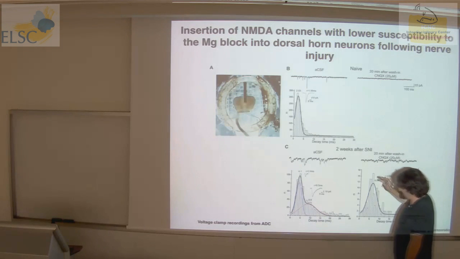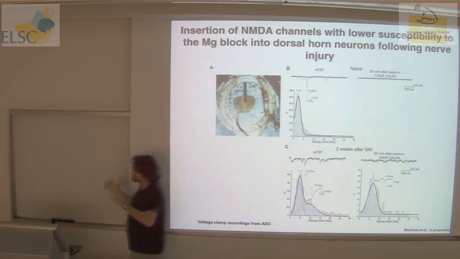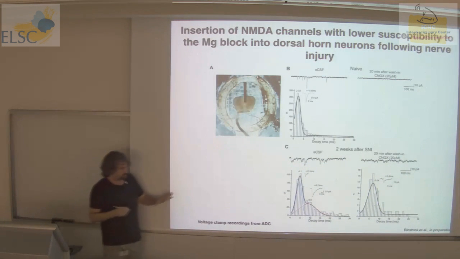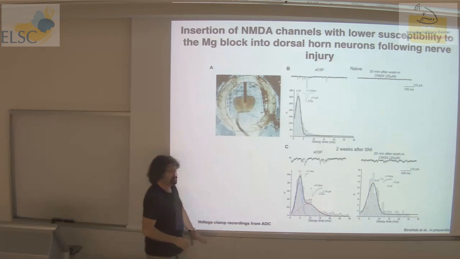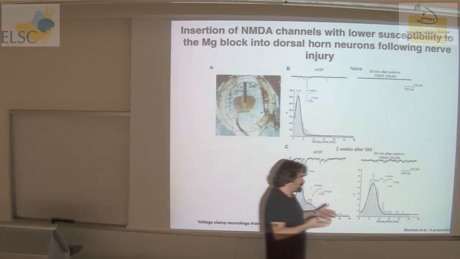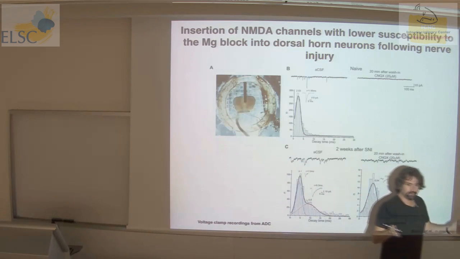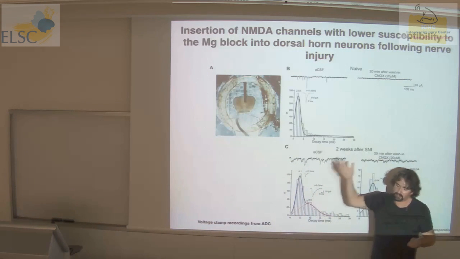And actually, I'm showing this data to you not just because of the data, but also because of this slide. It's called voltage clamp recording from ADC. What's ADC? Any damn cell. Okay, it's real. In pain research, we don't know what we're recording from. It's neither in the spinal cord, nor in the thalamus, nor in the cortex.